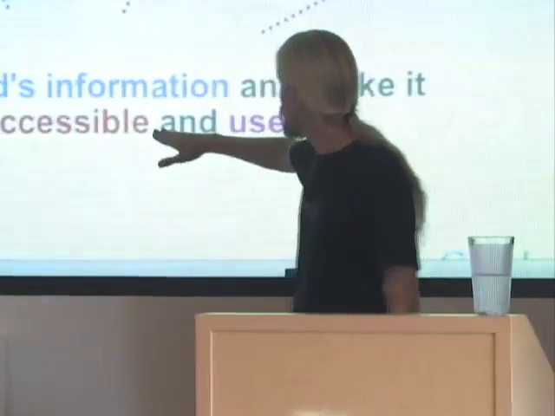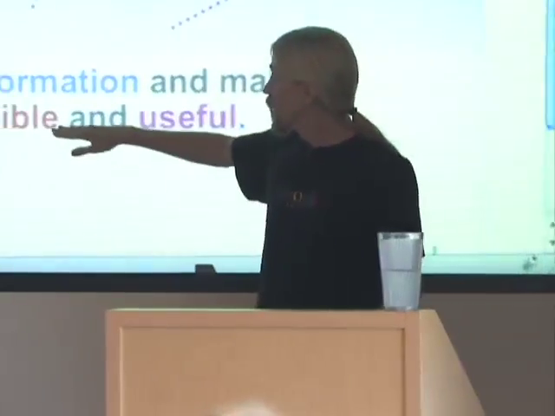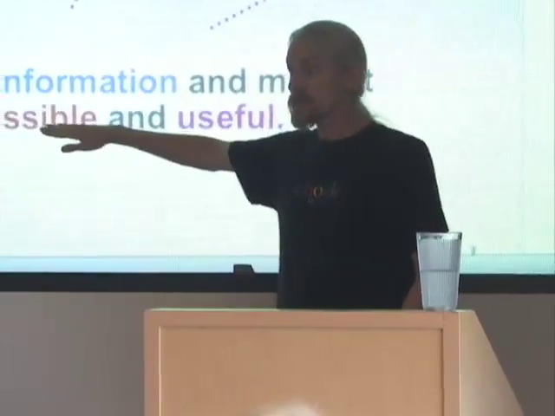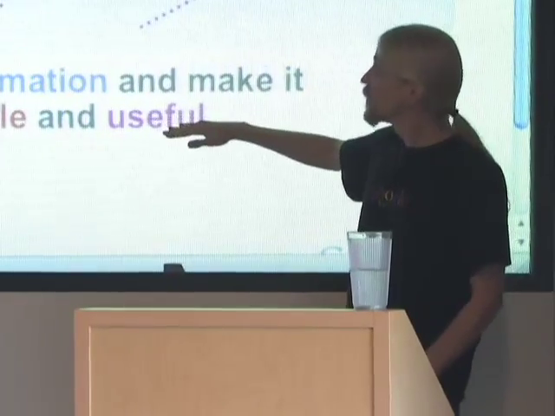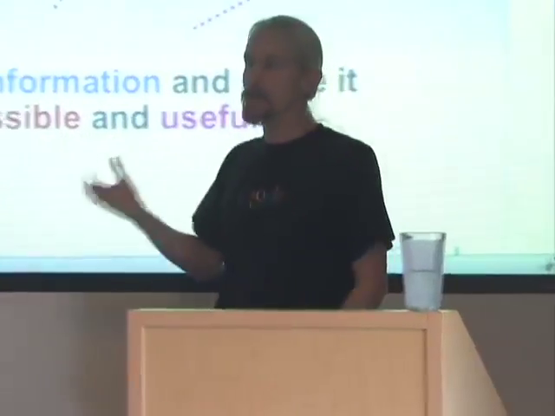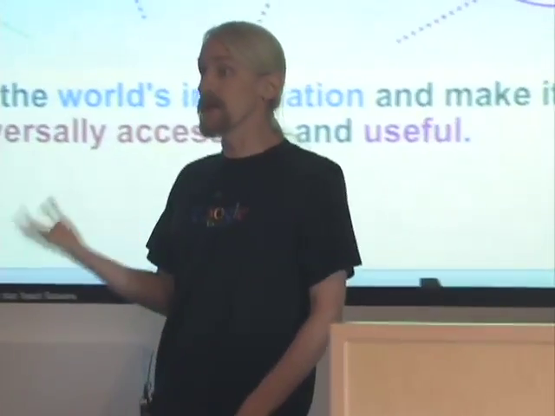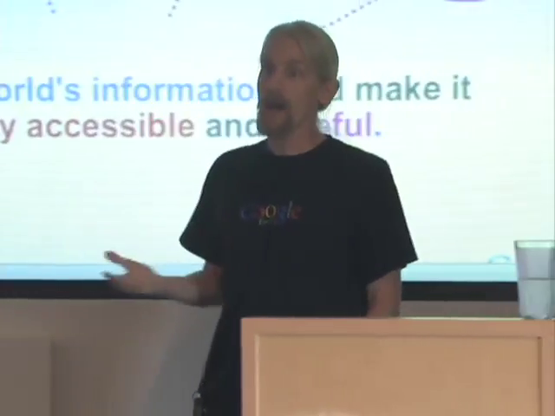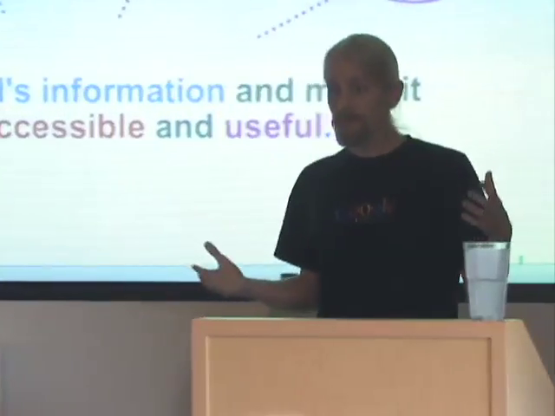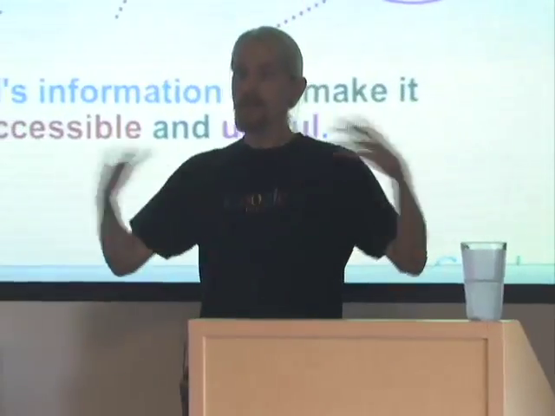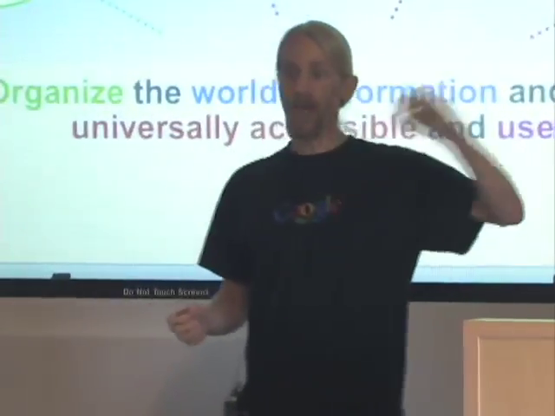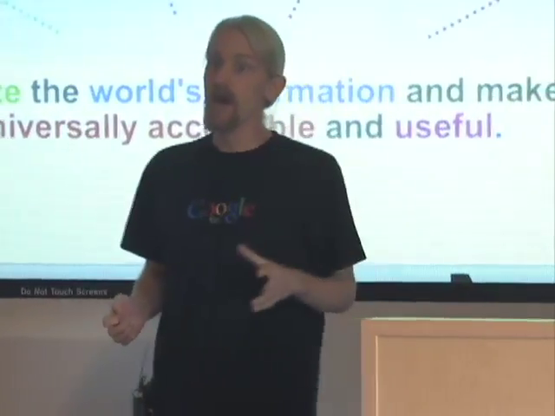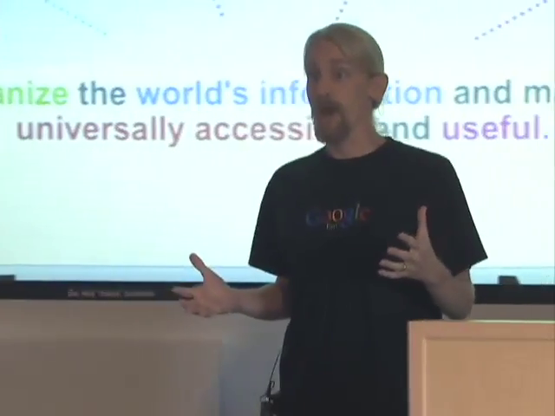And another part of this mission is to make the information universally accessible and useful. An important aspect of being useful is displaying it in the context that makes the most sense for the information. If you run a business and you want to see the locations of all your franchises or look at the locations of all your trucks or whatever, a great way to do that is to display it on a map.